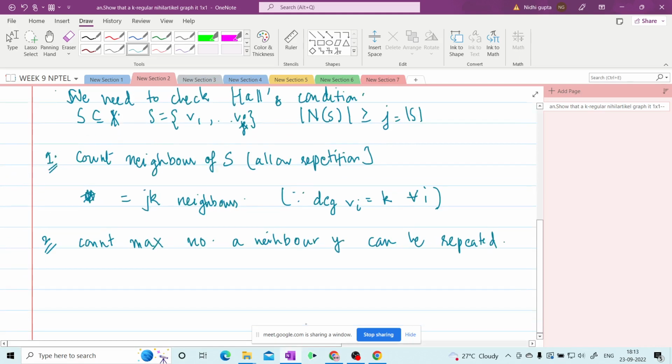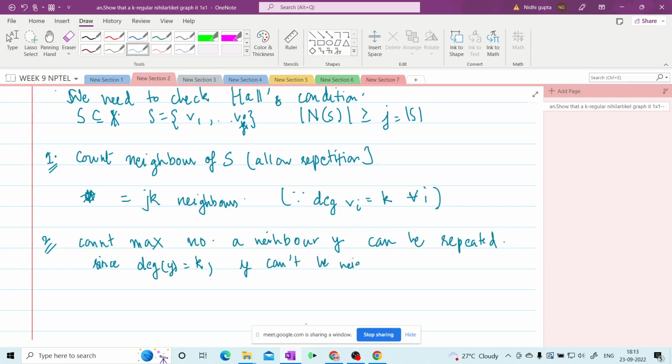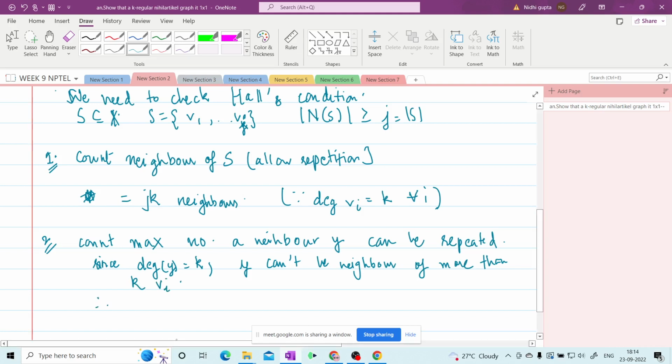So we see that since degree of Y is equal to K, Y cannot be a neighbor of more than K Vi's. Therefore, the maximum number of times Y can be repeated is K. So the answer for 2 is K.